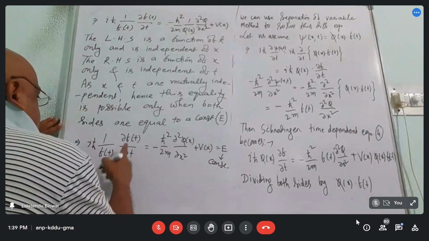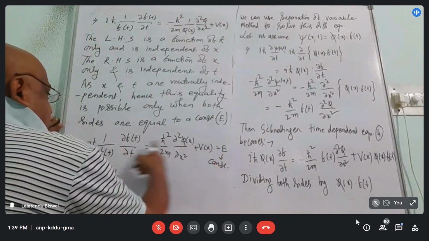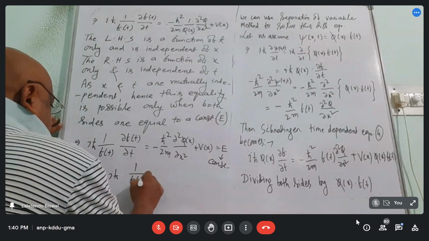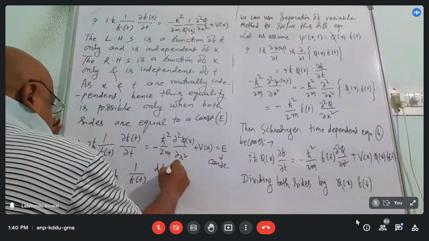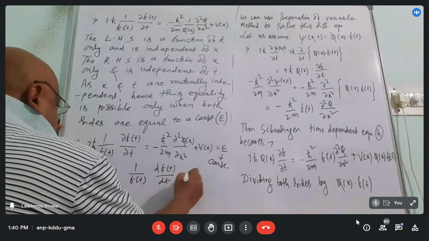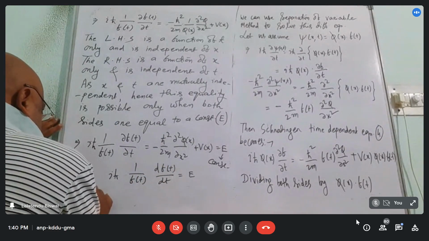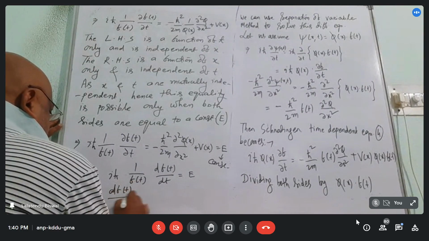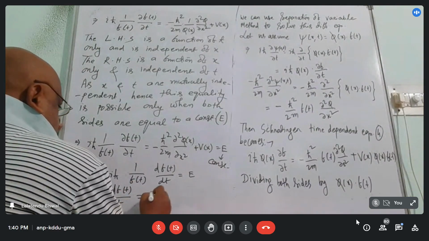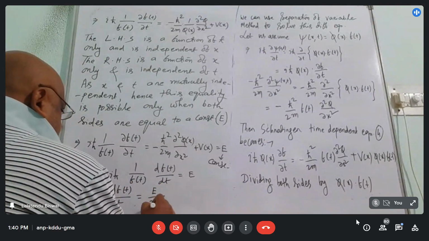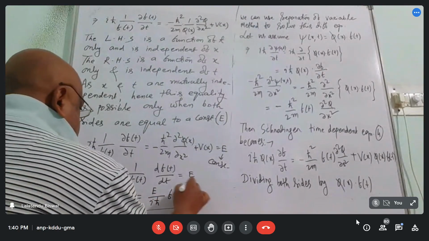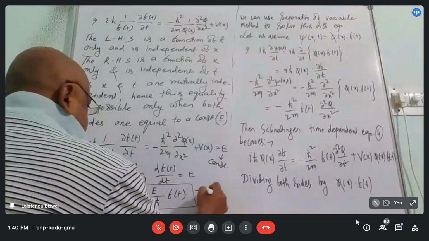Because this is a constant, you can write this partial derivative as a total derivative: iħ dFt by dt is equal to E. So you can write dFt by dt is equal to E by iħ times Ft. Take this as 5.